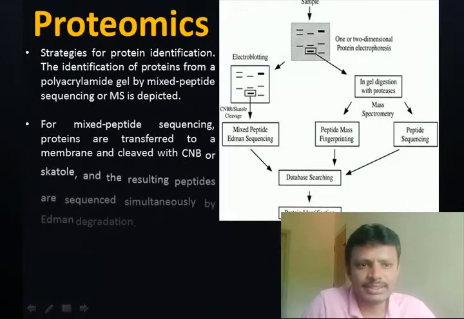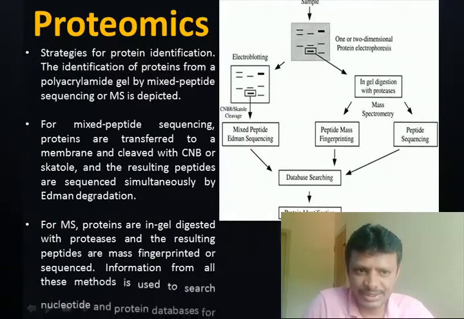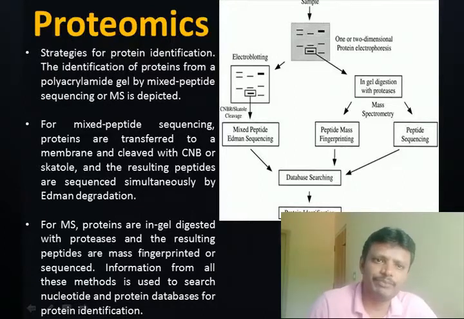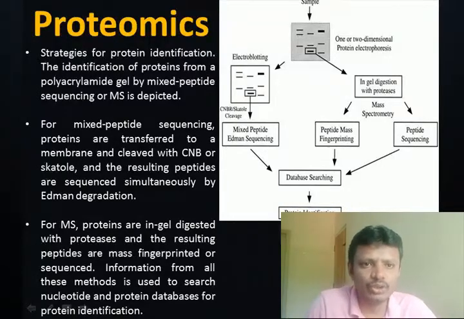First, get the sample and run it on SDS-PAGE, which we'll be studying next year anyway. Either two-dimensional or one-dimensional PAGE, but we do protein electrophoresis, and then we digest this protein into peptides and sequence these peptides. Then we do data searching to analyze the protein identification, which is already submitted in the NCBI or protein PDB database, which we'll be studying in bioinformatics.